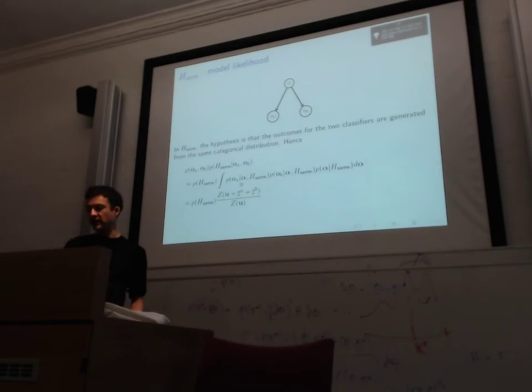Assuming they're independent given alpha, you can have OA given alpha and H same, and OB, integrating over the parameters. If I assume the categorical distribution here and here, and a Dirichlet distribution here, we can calculate this integral very easily. It's now a ratio of these two normalization terms, where u plus the number of times you see A in state Q plus the number of times you see B in state Q. That's the Qth component of this vector.